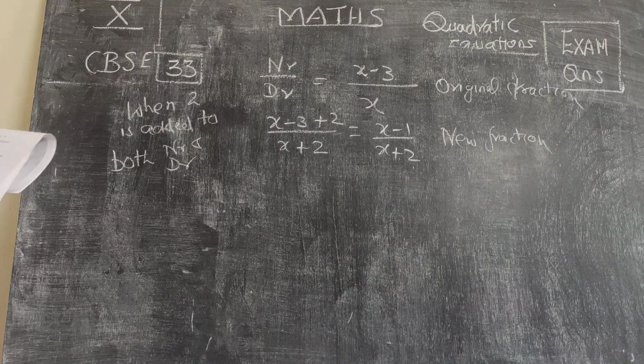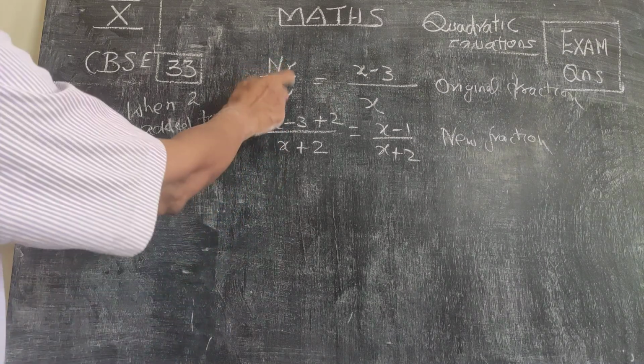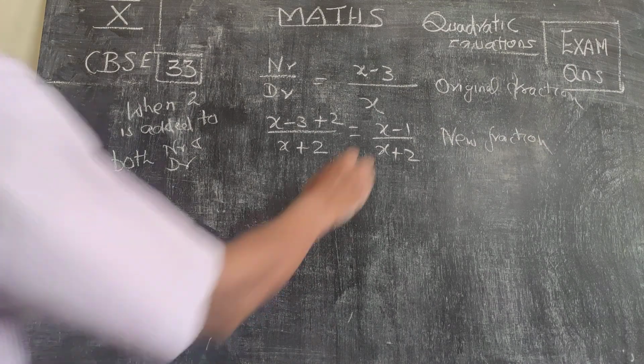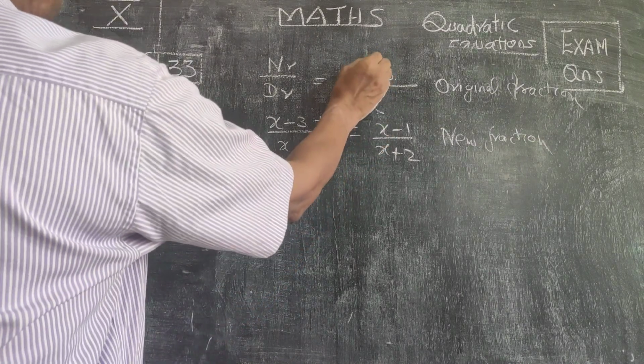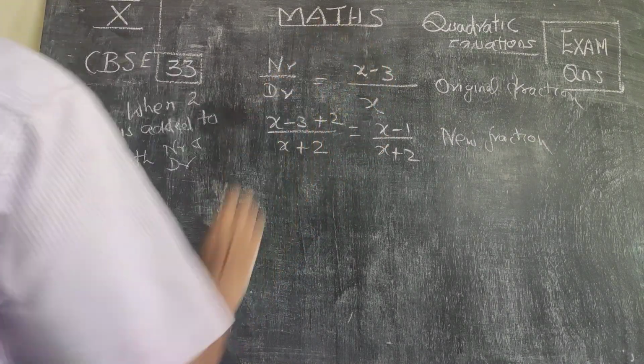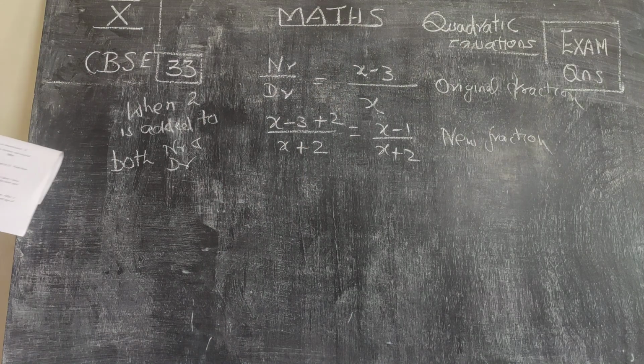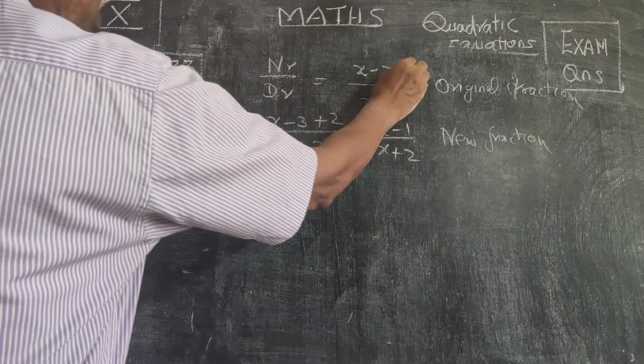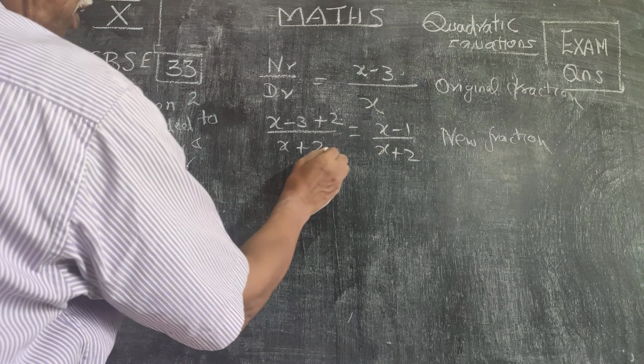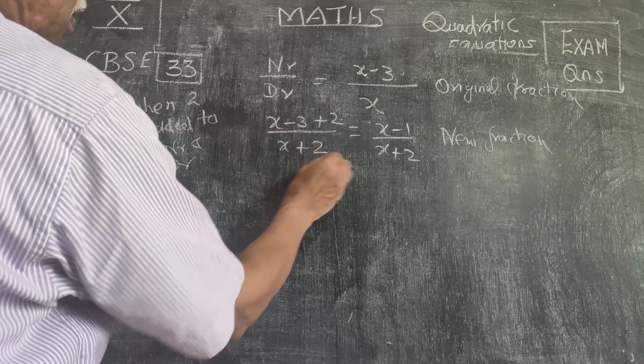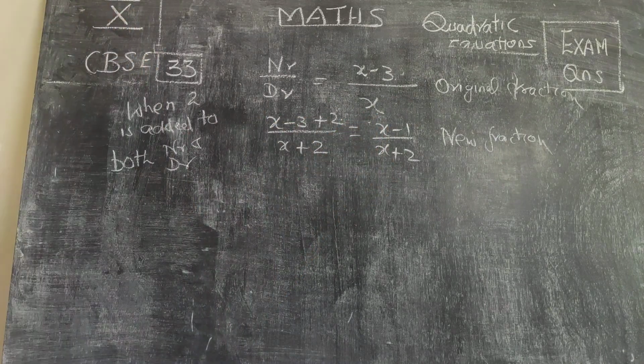The sum of the new fraction and the original fraction is given. Very simple. I am again repeating: I am assuming the denominator x, therefore the numerator 3 less than that, x minus 3. I am adding 2 to both numerator and denominator, so the result is x minus 1 divided by x plus 2, that is the new fraction.